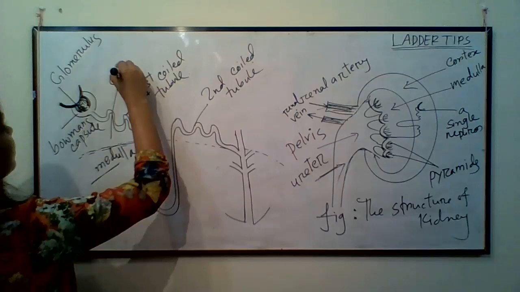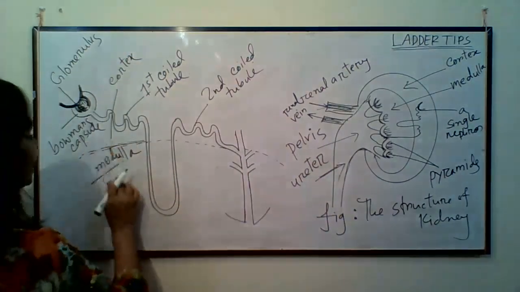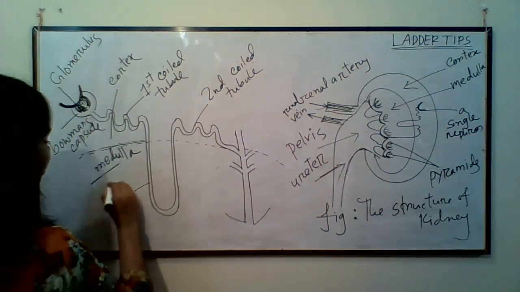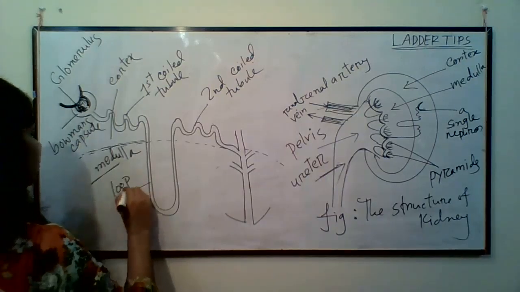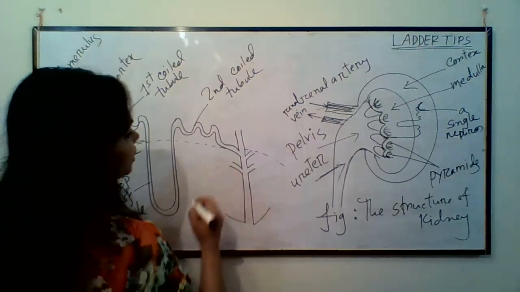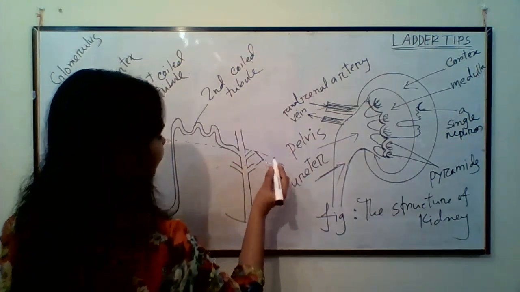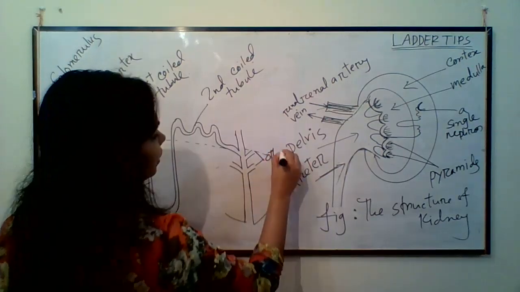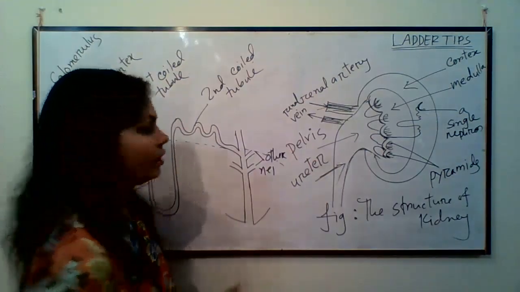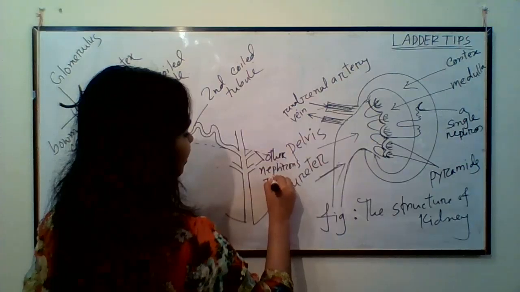This is cortex. I'm writing here cortex. And this is the loop of Henle. And the second coil tubule, where other nephrons join here, because there is not a single nephron in the kidney. Other nephrons join here.